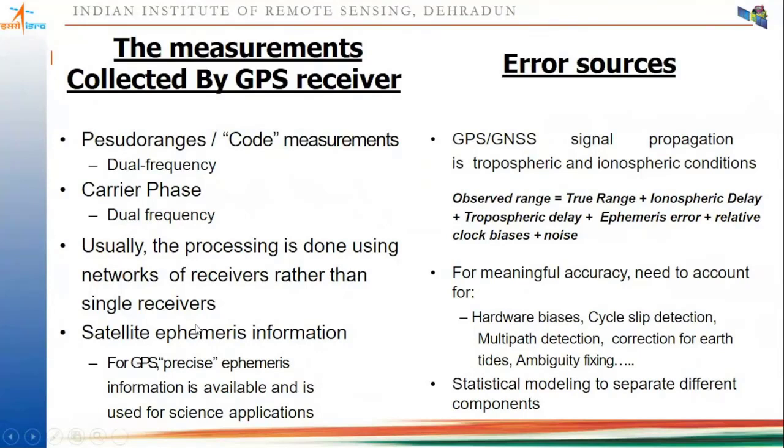So we use a network of stations while processing, and we also know the satellite ephemeris information. There are services that provide the precise orbit of the satellites, and this may be available only after 15 days, 2 weeks or 20 days, after a certain time.